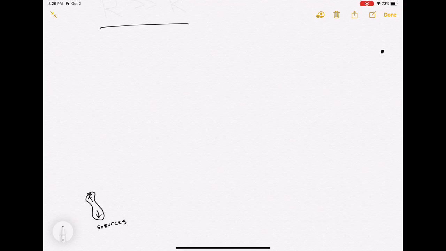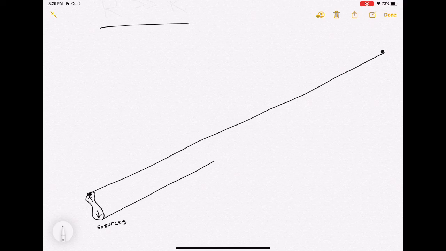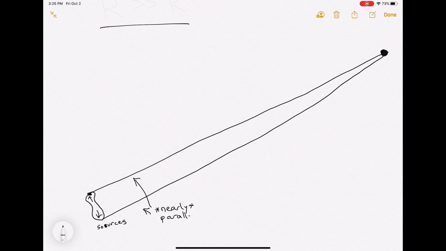We can even make them maximally far apart to this observation point. We'll just make the observation point bigger. There we go. Now, if you look at it over here, these two lines, they're nearly parallel, right? Which means they're almost the same length.